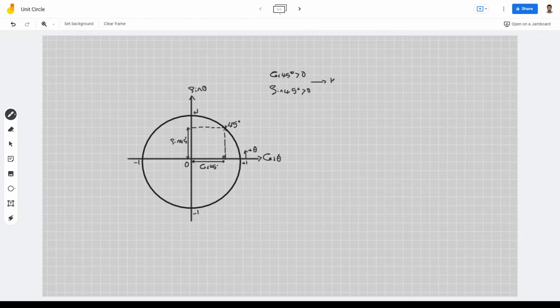And we know that the tangent of theta is equal to sine over cosine. So positive over positive means that the tangent of 45 degrees is positive.